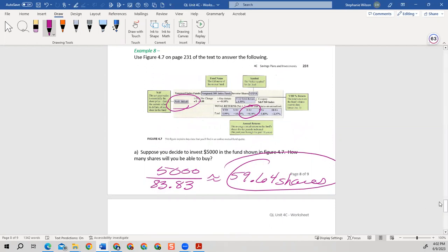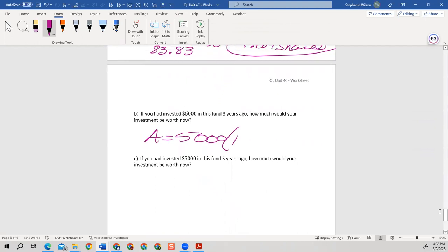9.19%. So originally, this formula has a plus here. Well, I'm going to go ahead and put the plus. But we're going to take this 9.19% and write it in decimal. Okay, and we're going to raise it to 3 years.